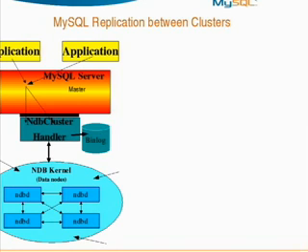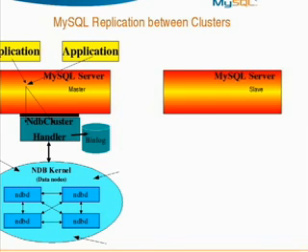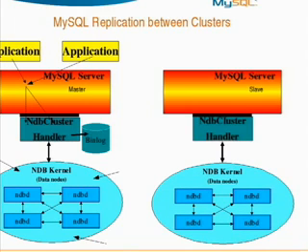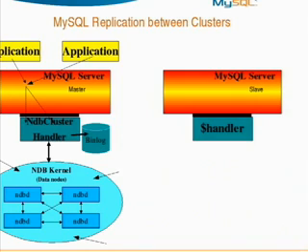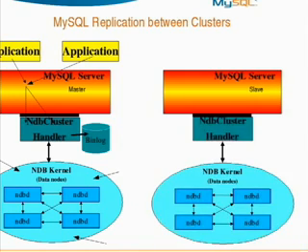And the NDB cluster handler, inside that is where the injector thread lives, which will get the events out of the cluster and write them to the binary log. You can then have a slave, which can also be connected to a cluster. So you can have a slave cluster, or if you're feeling adventurous and think that one of the other table handlers can keep up, you can quite welcomely have another one there. But we're going to go with the cluster because that's what real customers are using and what we envision most people will be using this for.